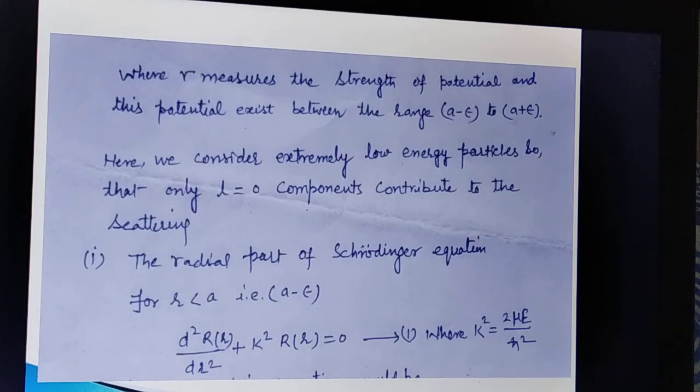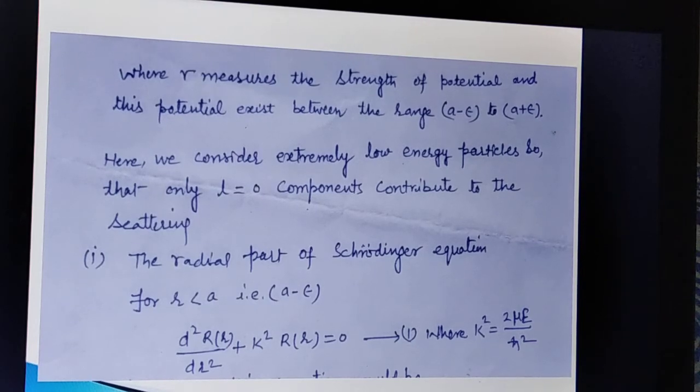For low energy scattering, we consider only l equal to 0 components. These components contribute to the scattering. For the region r is less than a, we can write the radial part of Schrodinger equation as d square R(r) over dr square plus k square R(r) equal to 0, where k square equal to 2 mu E over h cross square.